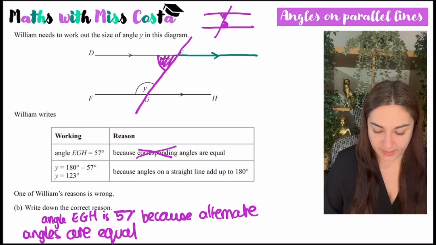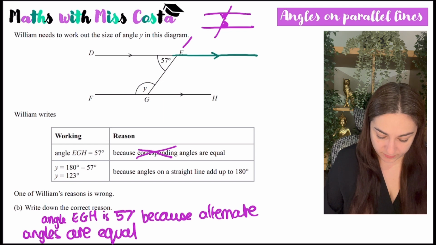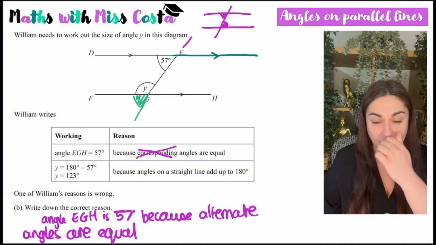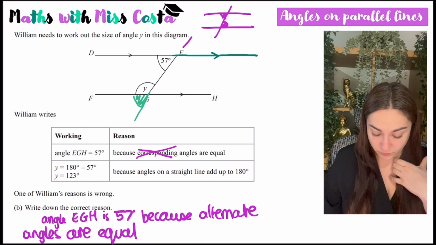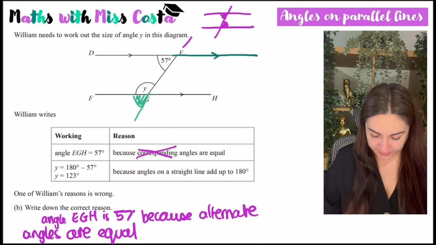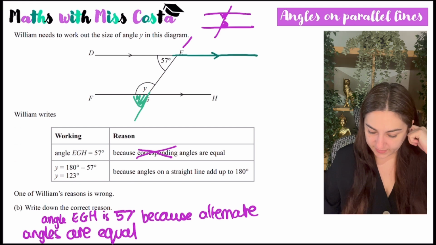The corresponding angle that he's talking about, if I wanted to have a corresponding angle, it would be over here. So it's important to know your different angle rules. His other reason is Y is 180 take away 57 because angles on a straight line add up to 180 degrees.